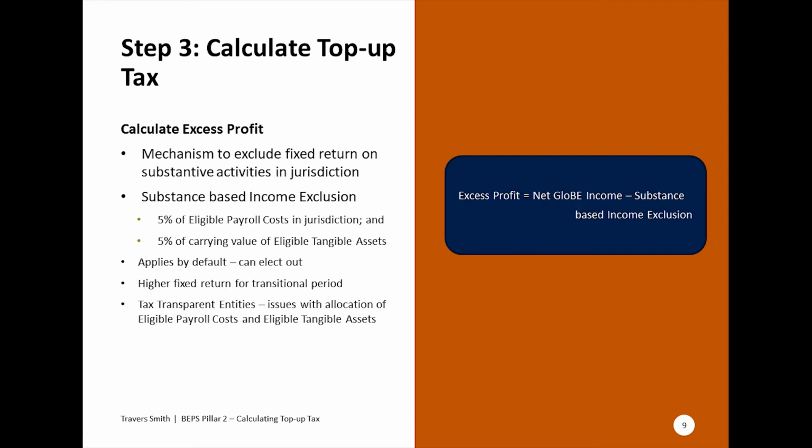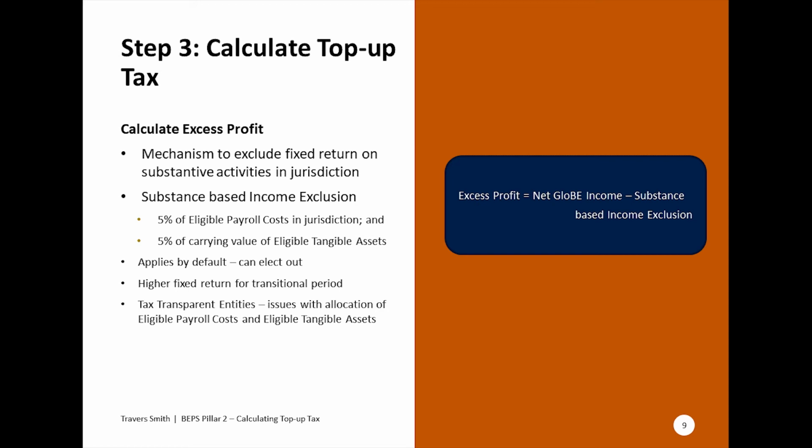The next stage is to calculate excess profit. This is a mechanism to exclude a fixed return on substantive activities in a jurisdiction. You deduct the return on substantive activities, and this is called the substance-based income exclusion, from net GloBE income to get excess profit, and then top-up taxes are levied on the excess profit.